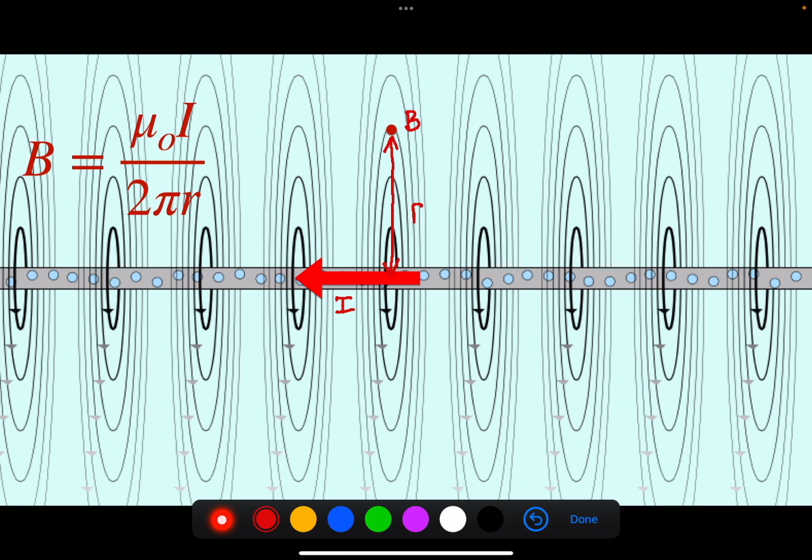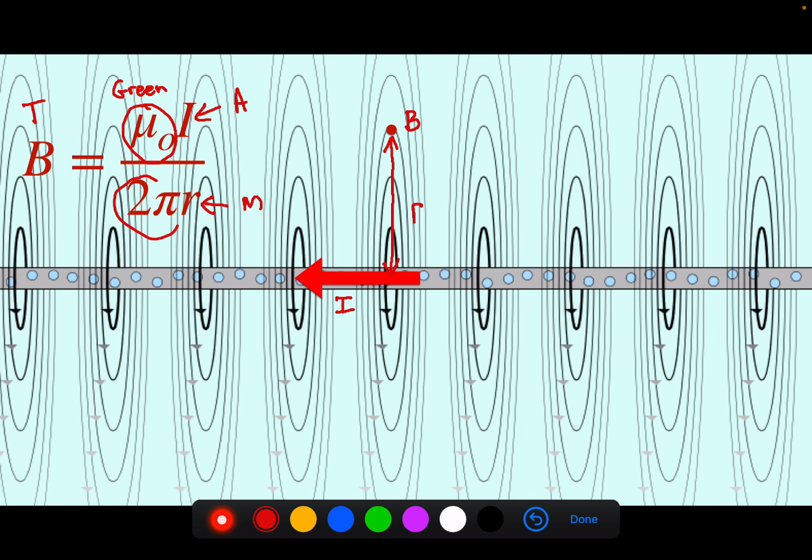Our final formula looks something like this. B, magnetic field in Tesla, depends on my current in amps and my radius in meters. You'll notice we have a constant to get the units to work out right. This constant should be found on your green sheet, so look that up and write down the number in your notes.